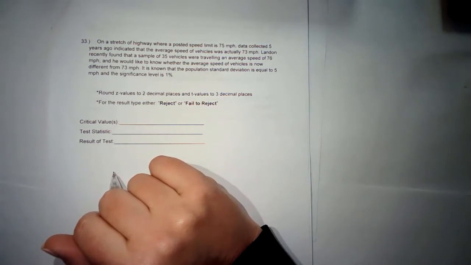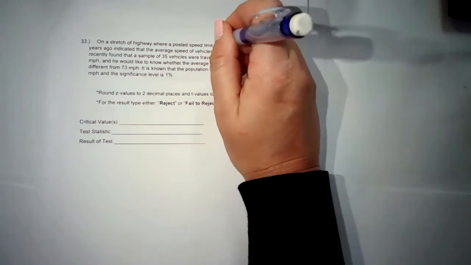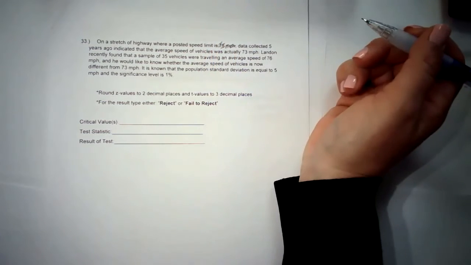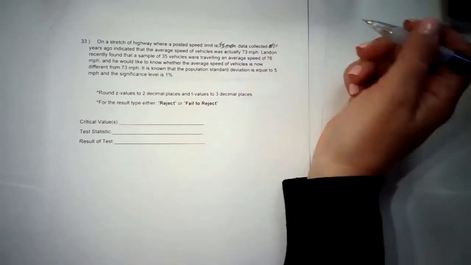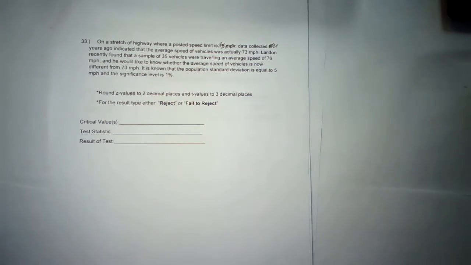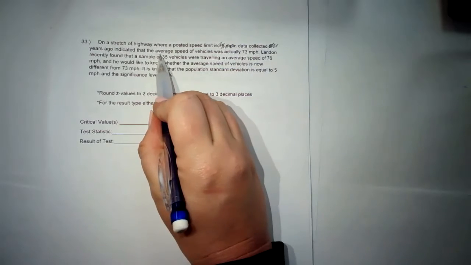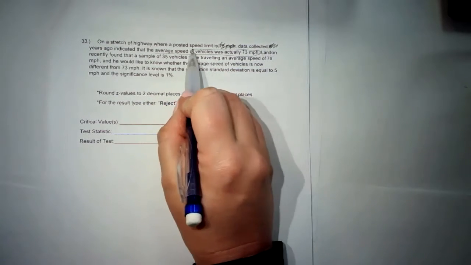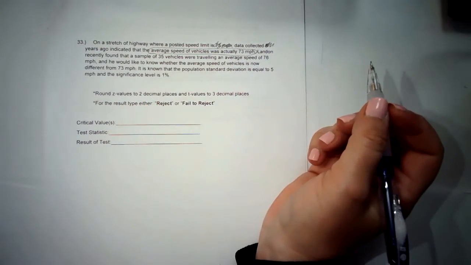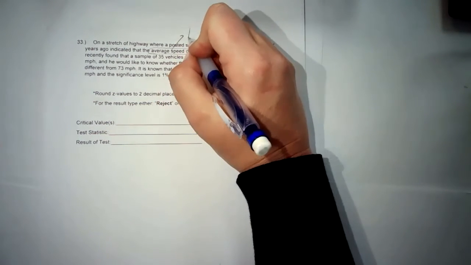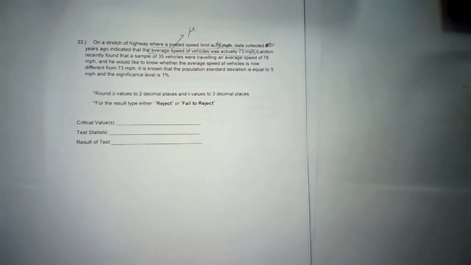The posted speed limit, who cares? How many years ago? Who cares? You want real data information. That's great that the posted speed limit's 75, but nobody's paying attention to that. You want the average speed of vehicles. That is going to be your mu. So you're going to get a speeding question just like this: stretch of highway, you've got a speed limit, some time has passed, and you're going to ignore that.